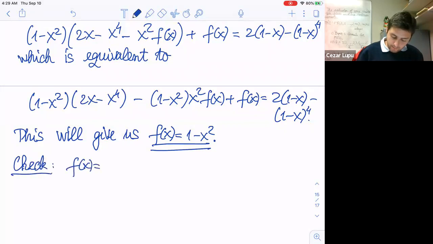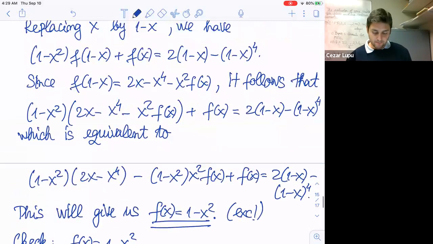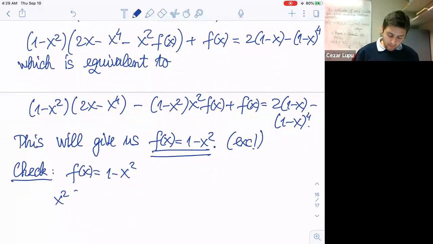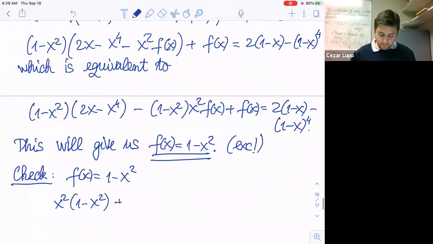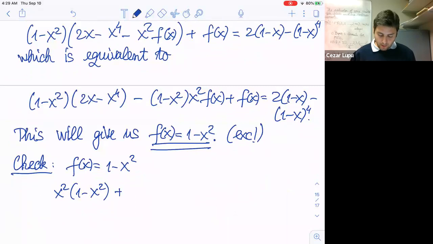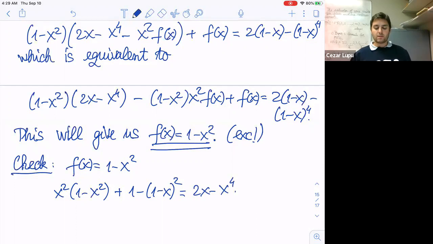So f of x is 1 minus x squared. Let's check this. It will be x squared times 1 minus x squared plus 1 minus x squared, and if you do all this together, it will give you 2x minus x to the fourth, which is exactly what we need. Okay, so that's good.